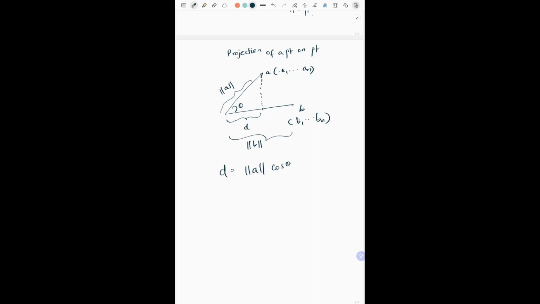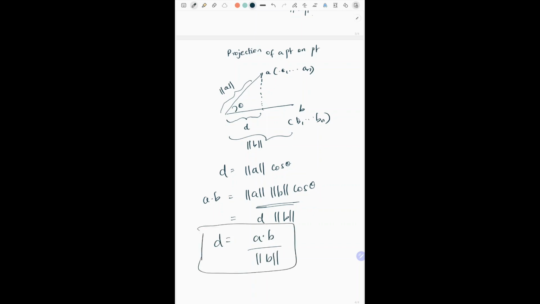This is the formula, and we know our previous formula of A dot B, the dot product: norm of A, norm of B, cos theta. Now substituting D here, you're going to get D norm of B. Now D is equal to A dot B over norm of B. This is the formula of this distance.